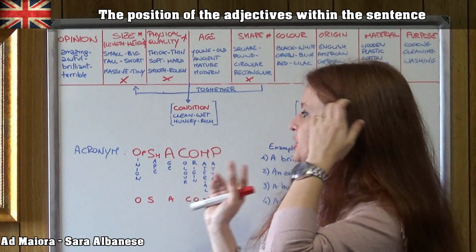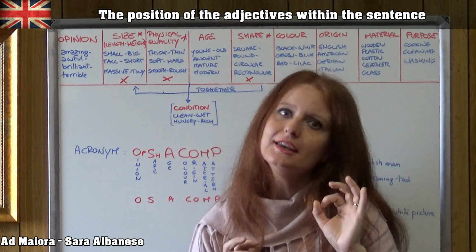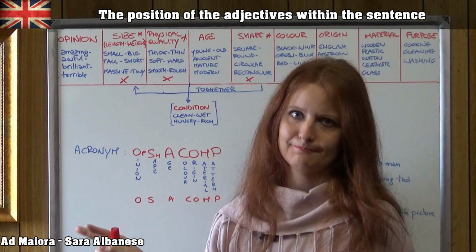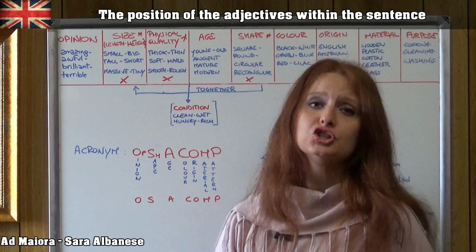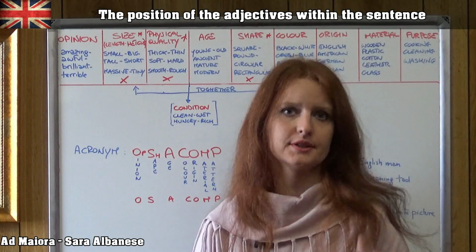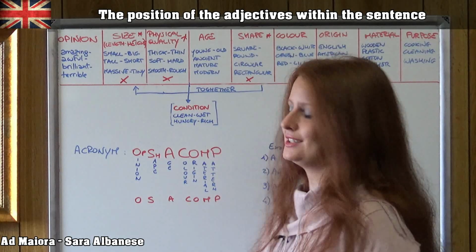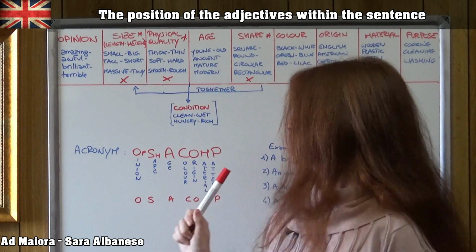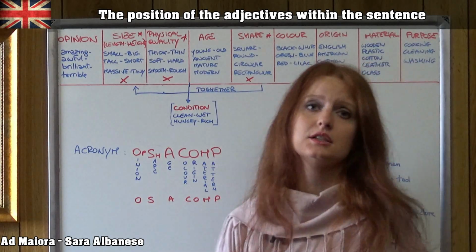So, why Abschacomp? So, OP, with a little p actually, means opinion. Then SH is shape, obviously, which we put in the second position together with size and physical quality. Then A is age, and then C is color.